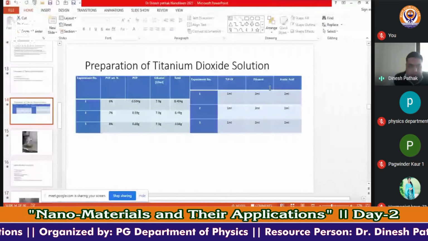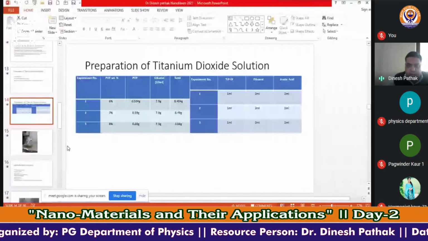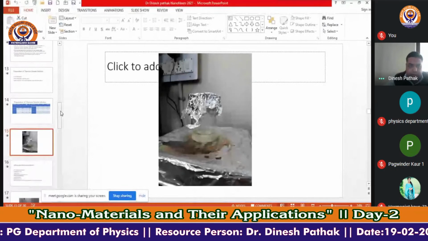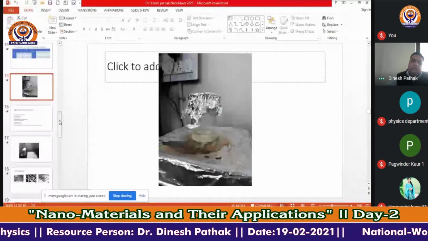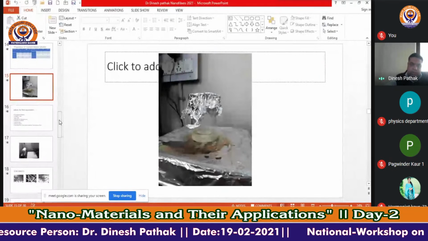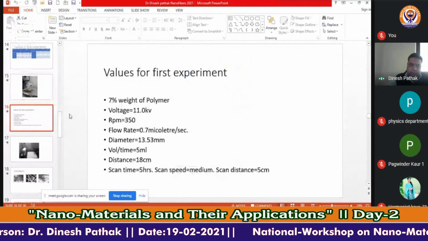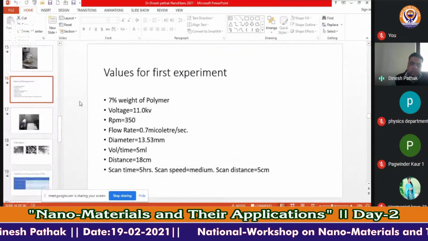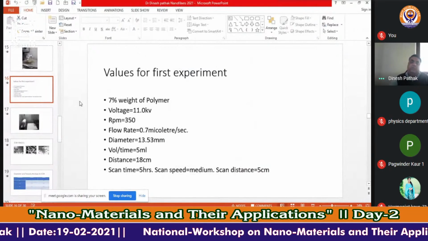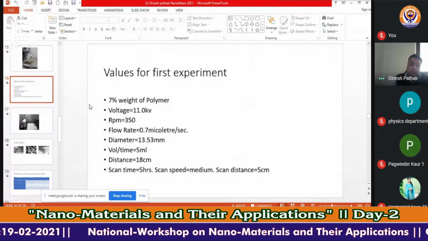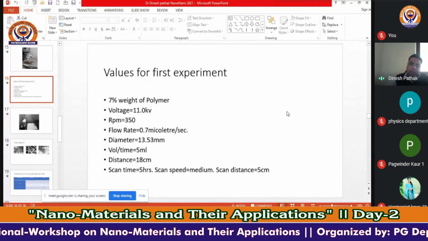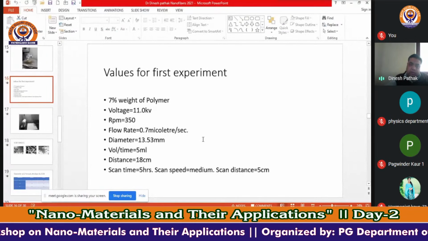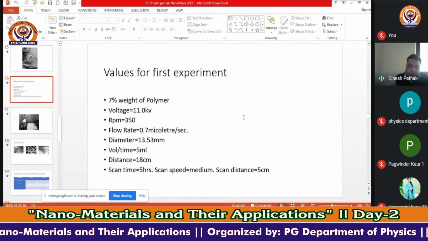Then we mixed both solutions and stirred for around 1 hour, and a gel-like material was obtained. And just to give you this data on how we fix the parameters: this cannot be done in one go, the first time.